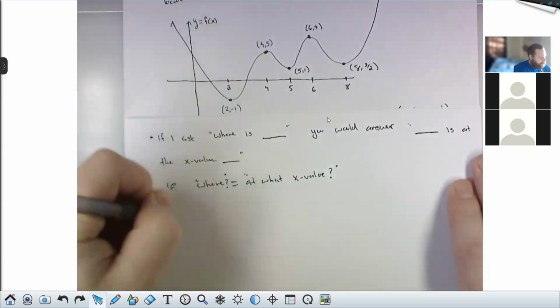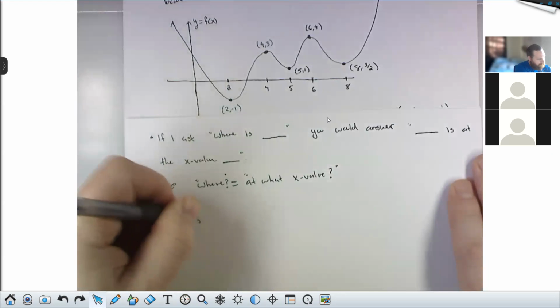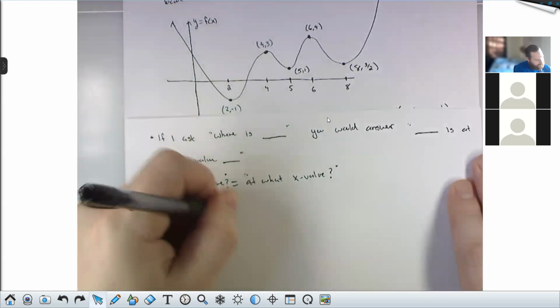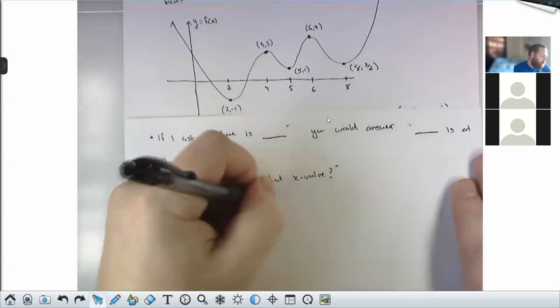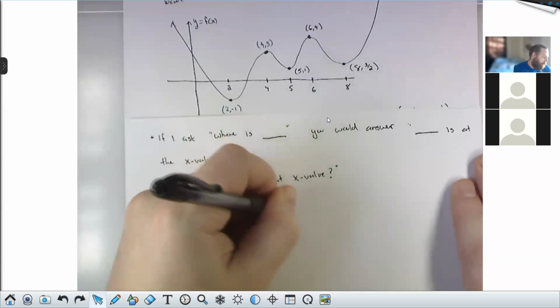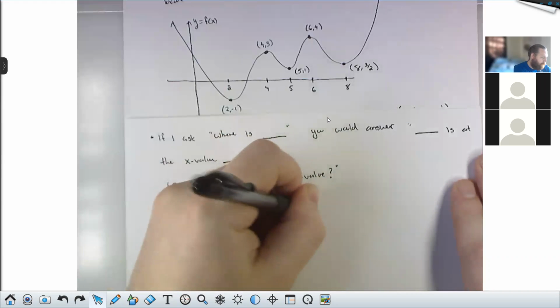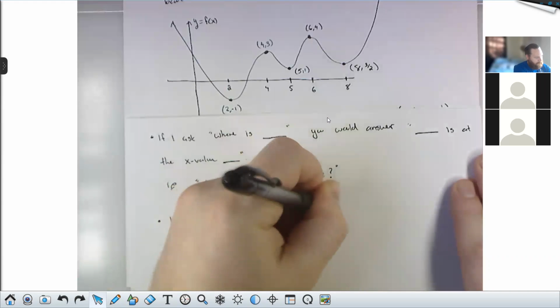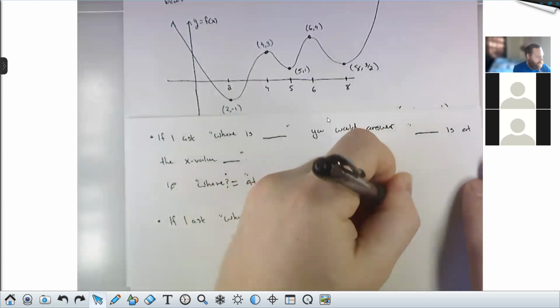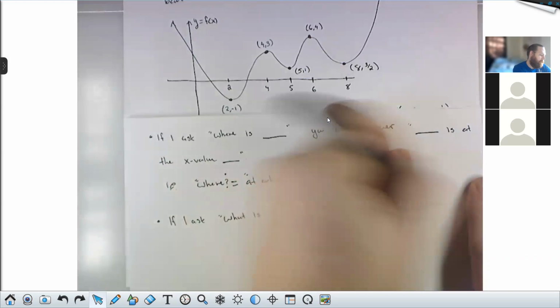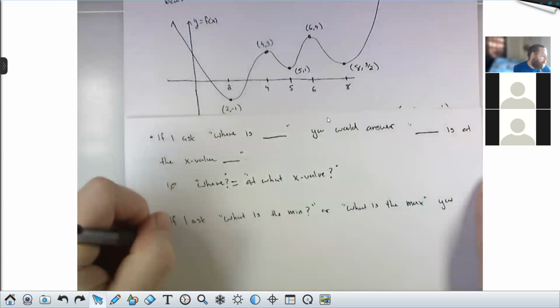Similarly, if I ask you what is the min or what is the max, you would tell me the y value.